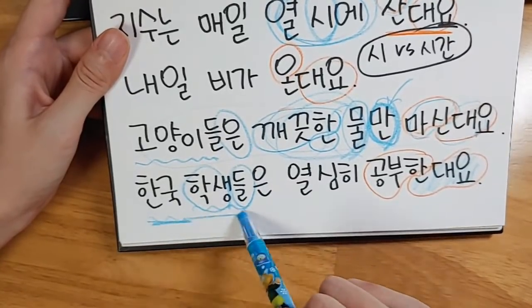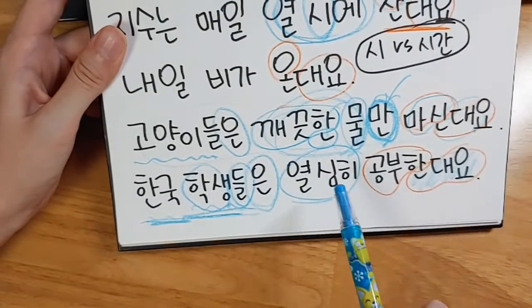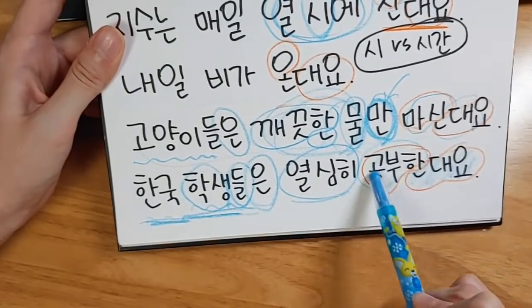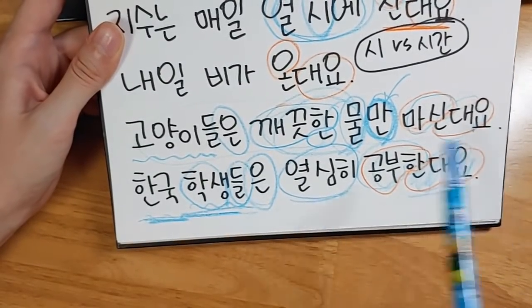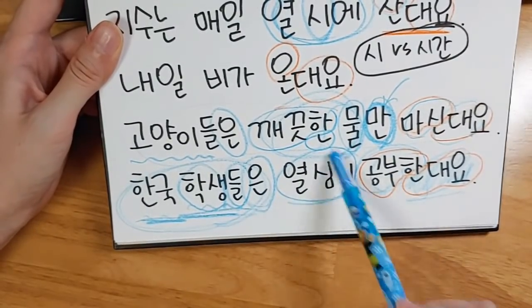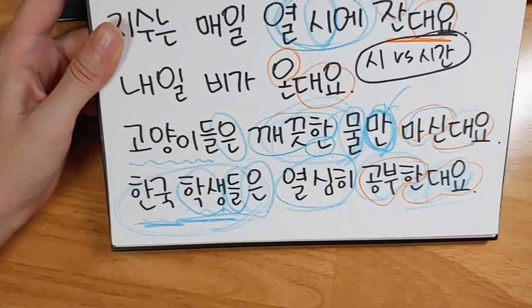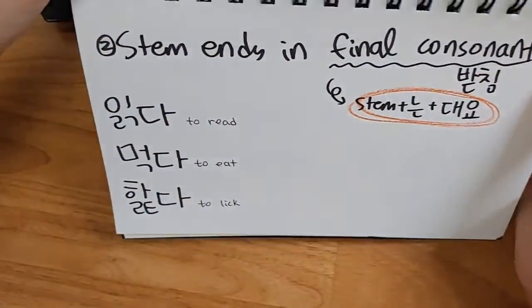So Korean students, and subject marking particle. 열심히, hard, 공부하다, study. That's what I hear. So I hear that Korean students study hard. 한국 학생들은 열심히 공부한대요. 네네. So that's what it means, guys.